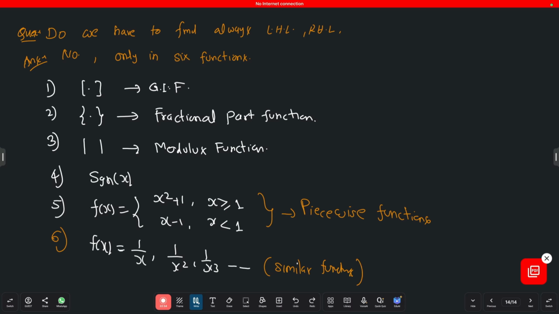Note, these 6 functions we have to apply. In fact, for better understanding, you can write 1 upon x plus minus a, because at a it is not defined. Whenever x is minus a, it is not defined. So 1 upon x plus minus a, so a is 0, then 1 upon x square, 1 upon x cube type. Such functions. Note.